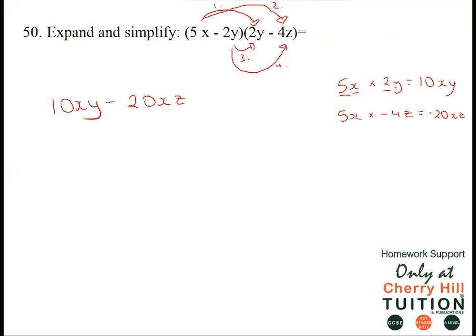Third step is minus 2y multiplied by 2y. Minus 2 multiplied by 2 gives us minus 4, and then we have 2 y's. Now, because we have 2 y's being multiplied by each other, this gives us y squared. So we can write this as minus 4y squared.